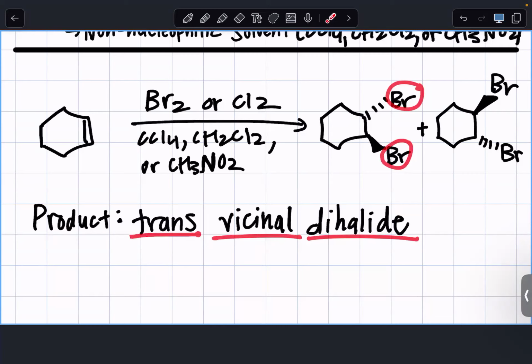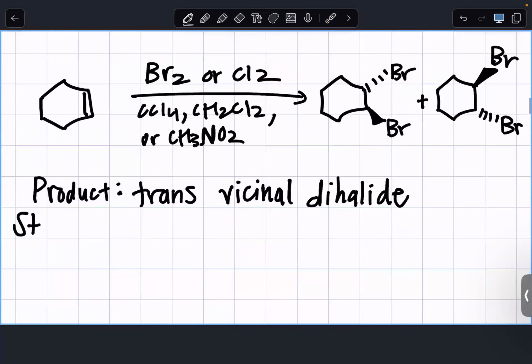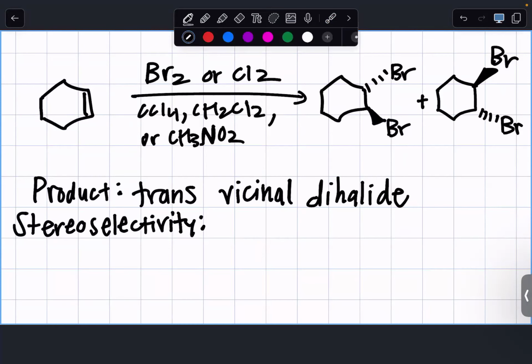Trans, vicinal, adjacent, two halogens: trans vicinal dihalide. The stereoselectivity of this reaction is going to be anti-addition because we see that the two halogens are anti to each other, right?